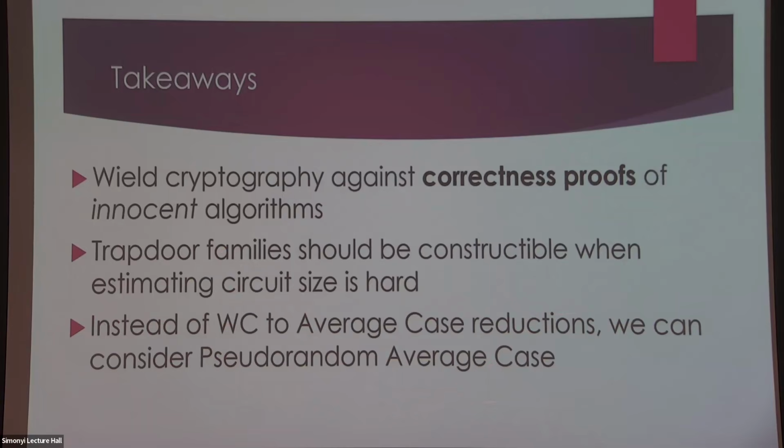What we are doing is essentially not reducing any worst case instance to the same distribution, say the uniform distribution, but we are reducing every instance to a statistically different distribution that is computationally indistinguishable from, say, the uniform distribution or the same distribution we want to reduce to.